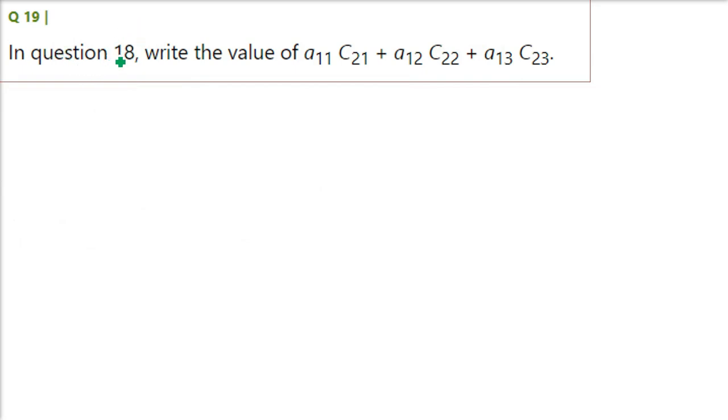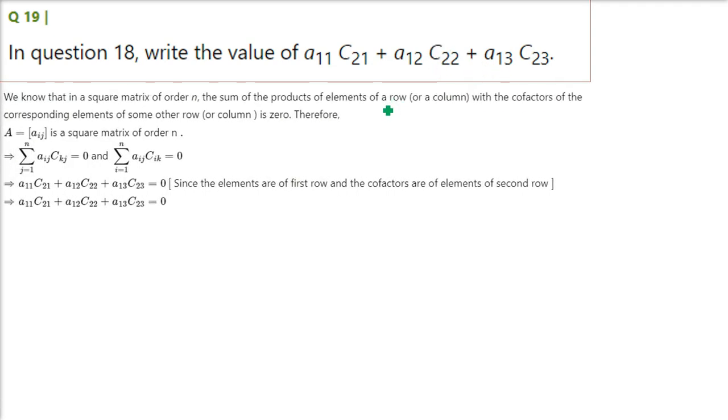In question 18, write the value of A11, C21, A12, C22, A13, C23. Remember, we talked about A11, C11, A12, C12, A13, C13. But here, the cofactor is not corresponding to the value.